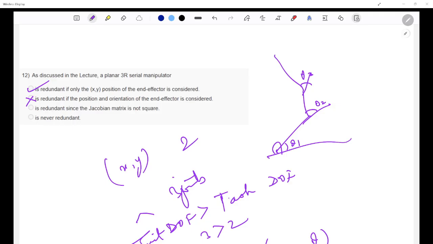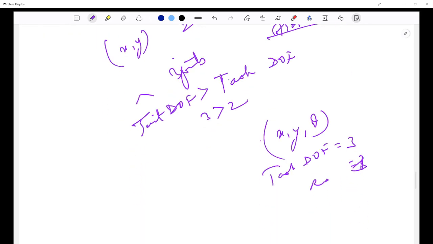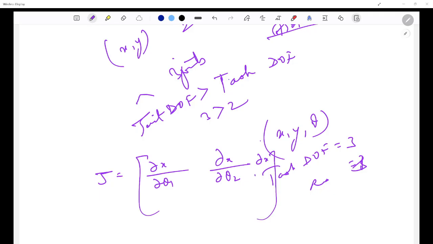Next, it's redundant since the Jacobian matrix is not square. If you write the Jacobian for position, it would be del x upon del theta 1, del x upon del theta 2 and del x upon del theta 3, then del y upon del theta 1, del y upon del theta 2 and del y upon del theta 3.